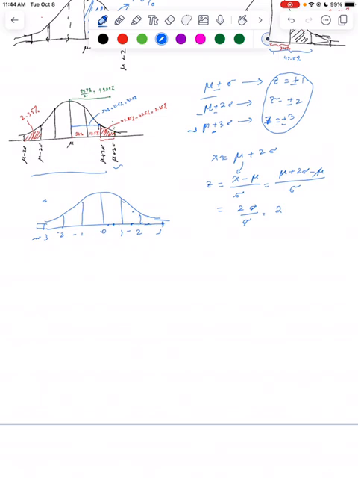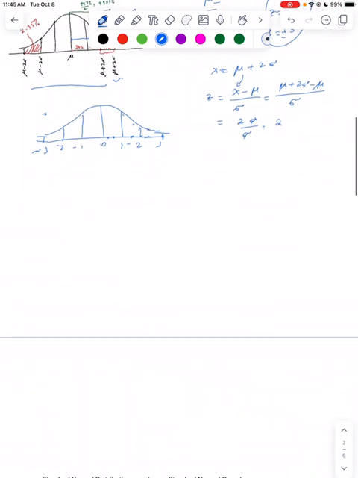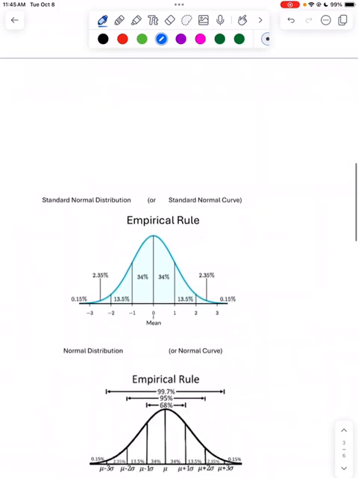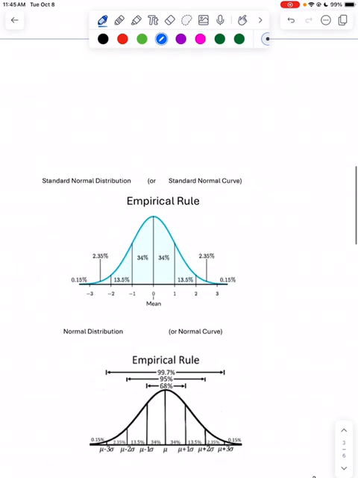Anyhow, this is how it works. One more thing: this curve or this picture, when you get a question in the exam, it's your choice.